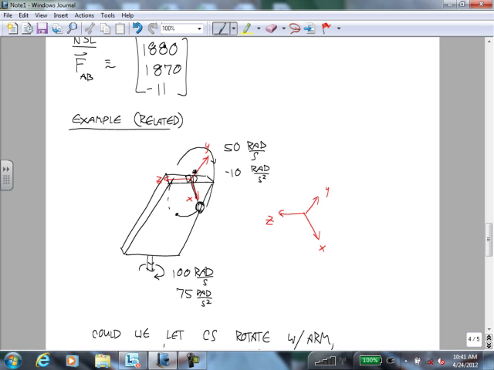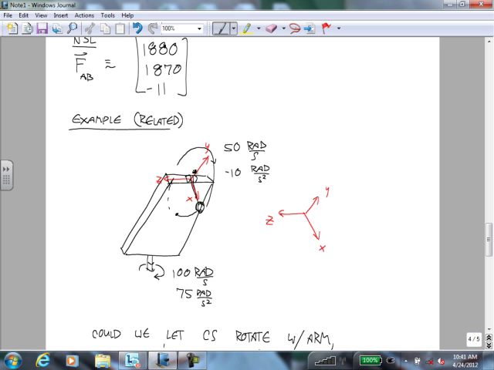So the way that you have to set this up, and this orientation of the coordinate system is okay, you have to set it up with the coordinate system rotating about this axis, okay? And actually, probably an easier way would be, if you had your coordinate system oriented like this, you'd have to do some rotations and stuff.